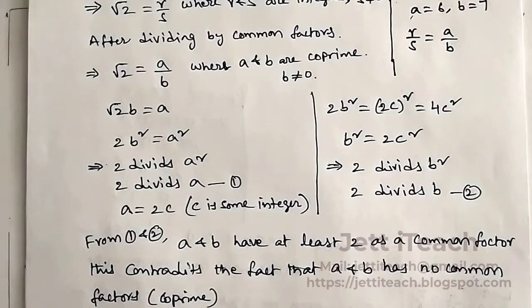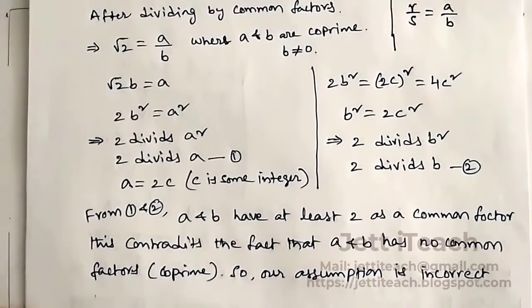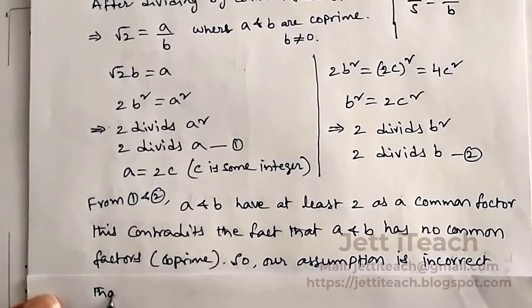So our assumption is incorrect, that root 2 is rational.